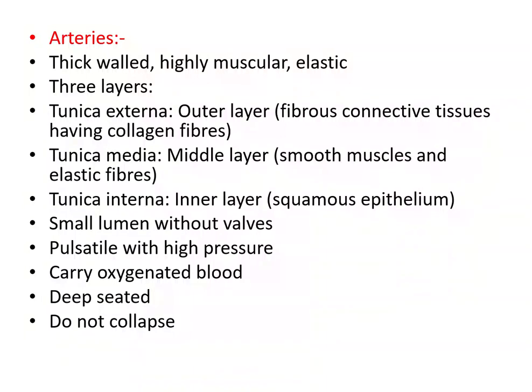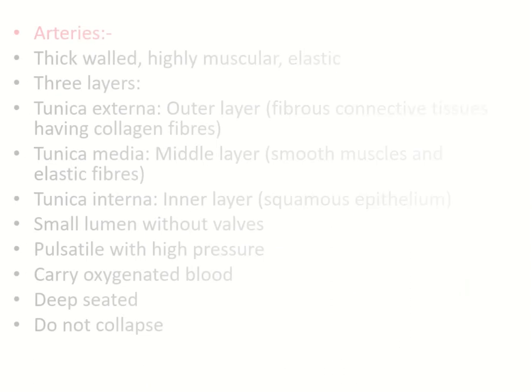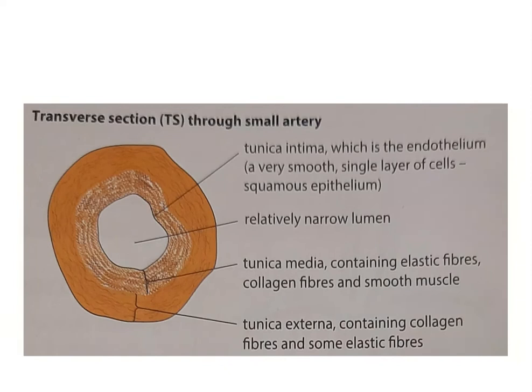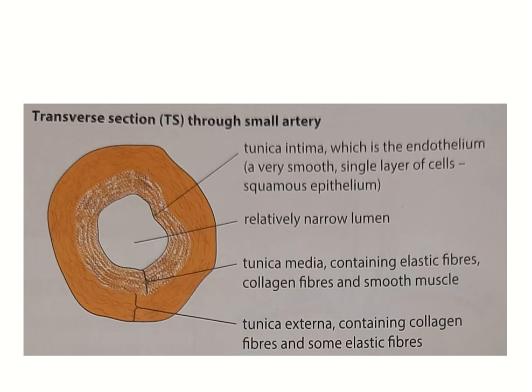They carry oxygenated blood. They are not superficial, they are deep seated, deeply embedded within our tissues, and they do not collapse. You can see its structure: tunica intima, the innermost layer, tunica media, the middle layer, and tunica externa, the outer layer, made up of collagen fibers and some elastic fibers.